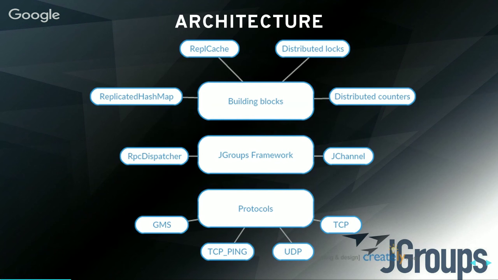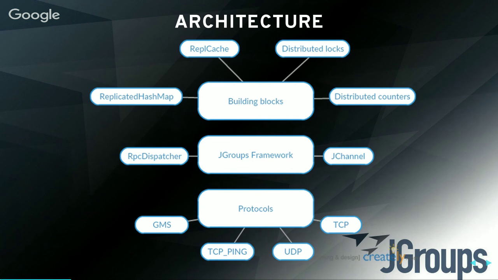JGroups can be divided into 3 groups, let's say. First of all, at the bottom of the stack, you have protocols, and the protocols define how JGroups behaves and acts. You can configure your transport there, whether you use TCP or UDP. You can configure how JGroups will find other nodes in the cluster.